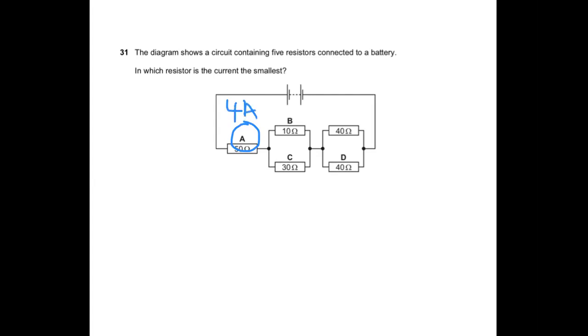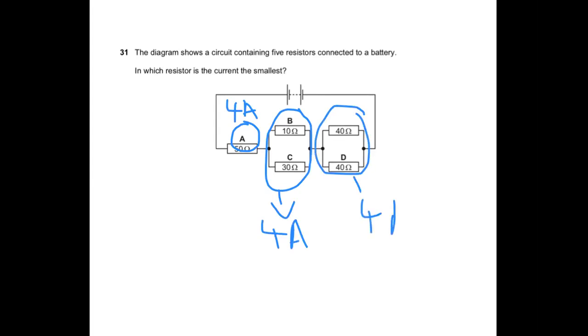Now, the current in these two resistors will add up to 4 amperes. And also the current in these two resistors will add up to 4 amperes. Over here, the current will be divided equally. So it will be 2 amperes in the upper resistor and 2 amperes in the lower resistor.